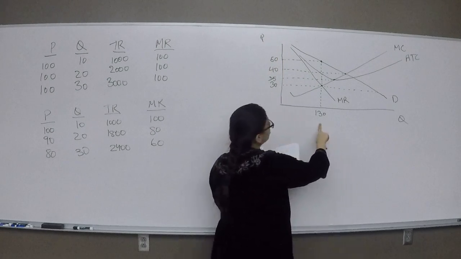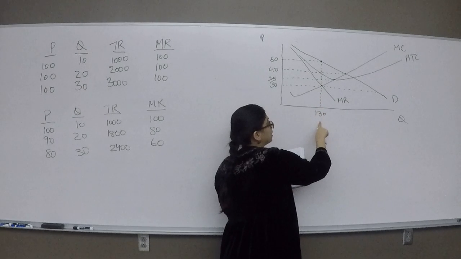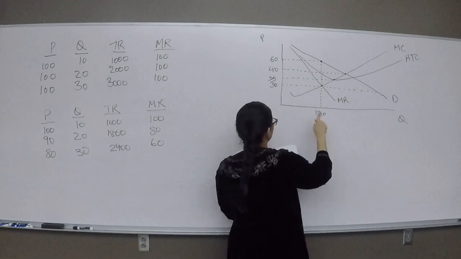Your equilibrium quantity where MR is equal to MC is 130.